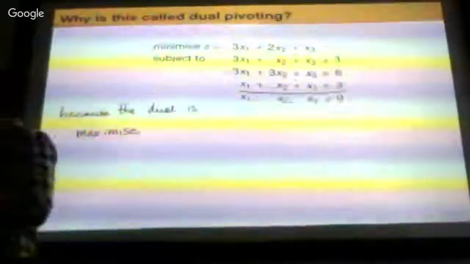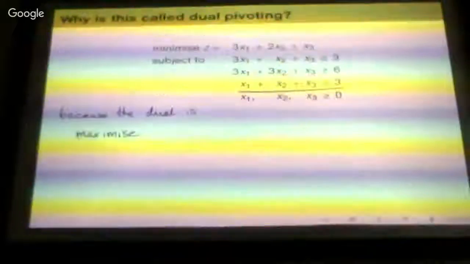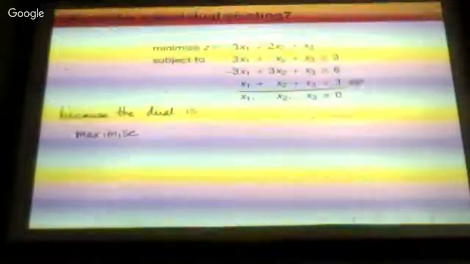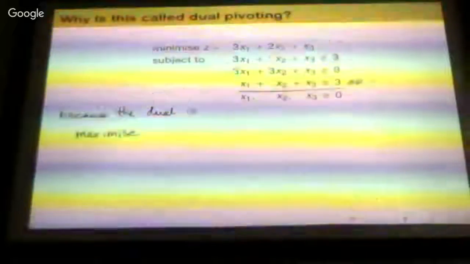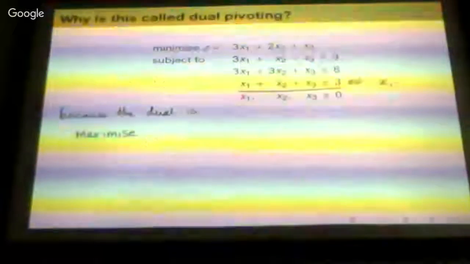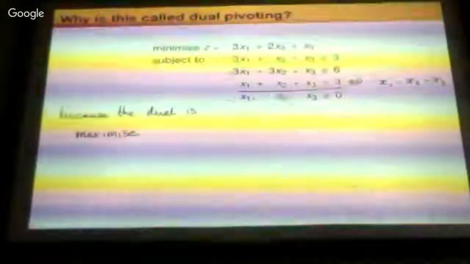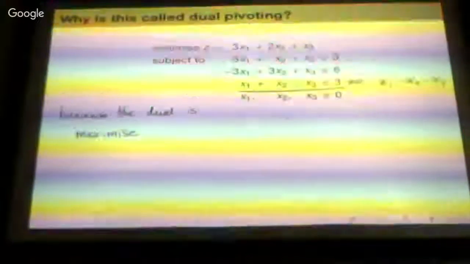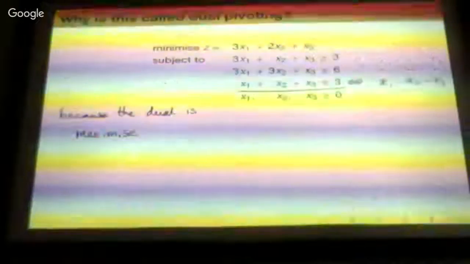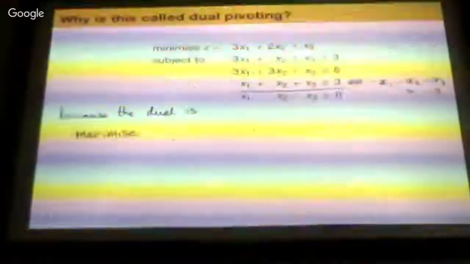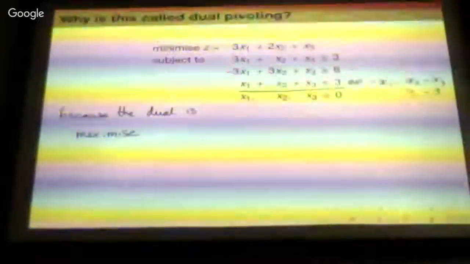So I'm going to multiply the whole constraint by -1, so I get an equivalent one which says that minus x1 minus x2 minus x3 is greater than or equal to -3. That's just this constraint times -1.